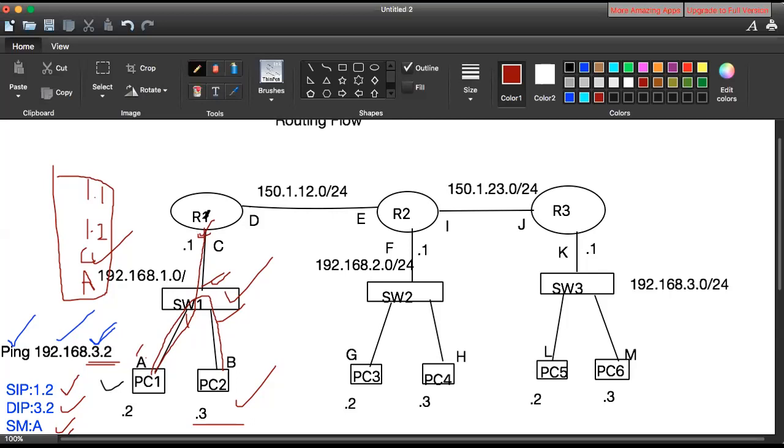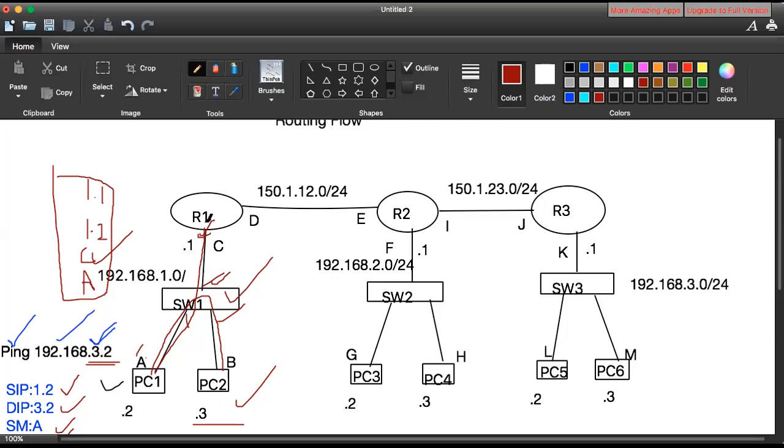Apart from the other details, if you talk about the TTL value, whatever TTL value comes depends on what end device you are using, Linux or Windows based; the TTL will get changed accordingly. But when R1 receives it, it opens the layer 3 header and checks all those parameters. So R1 has to send it to 3.2. Now the question is, does R1 know where 3.2 is?